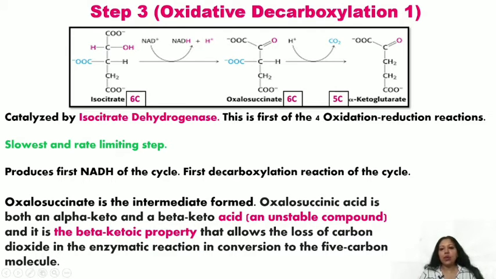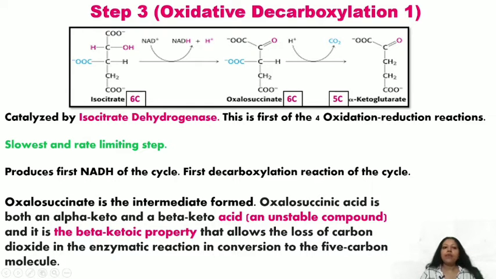Obviously there is no decarboxylation in step 1. Okay. Now in step 2, means after formation of the intermediate, decarboxylation reaction happens, and the blue COO minus is removed in the form of carbon dioxide, leaving a 5-carbon molecule which is known as alpha ketoglutarate.